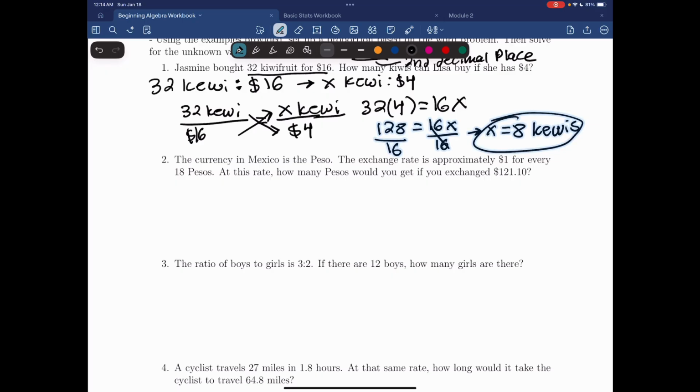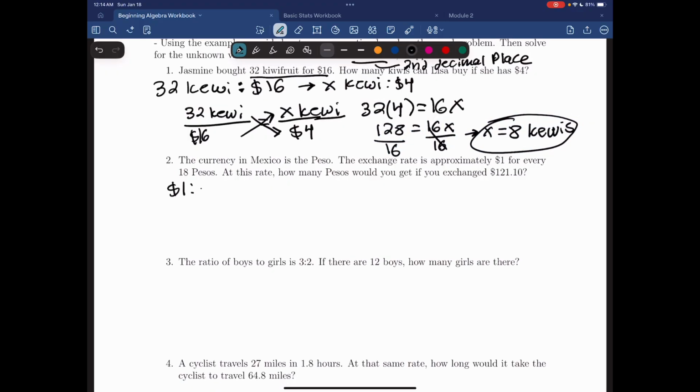but it's relatively accurate. So we know for every $1 US dollar, we get 18 pesos. Now we want to know if we exchange $121.10, how many pesos would we get?